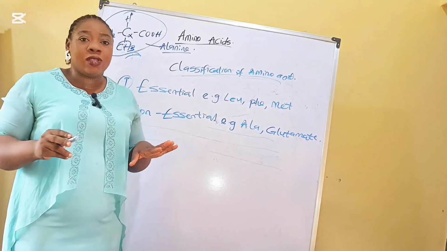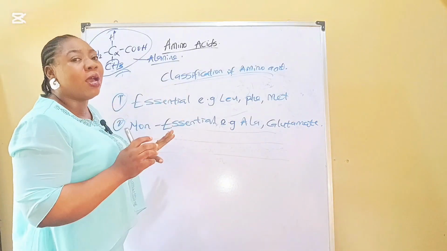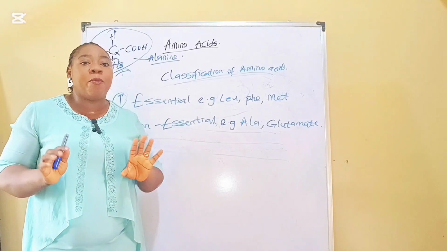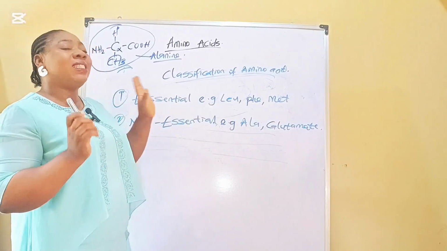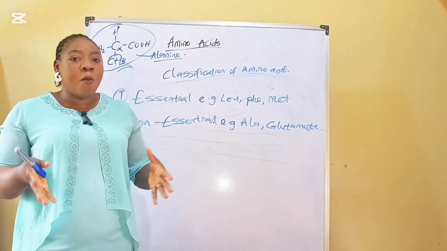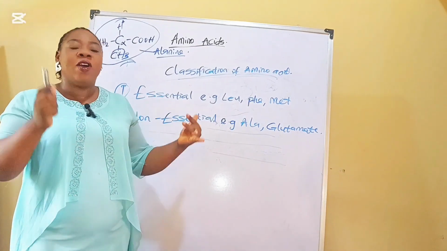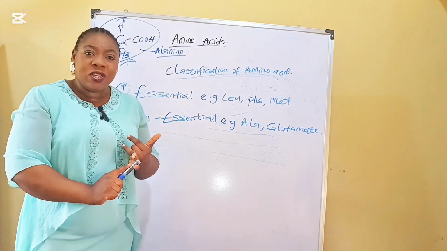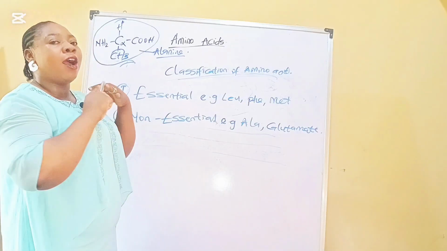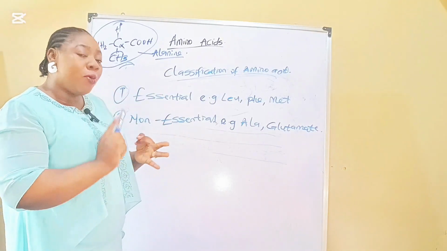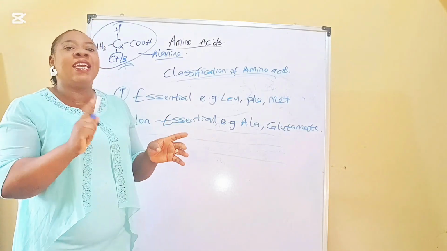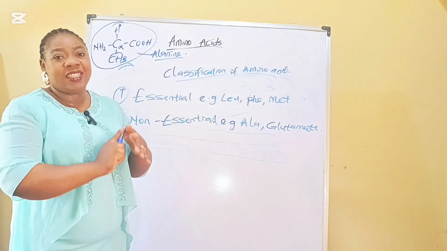The next one we want to consider is the classification of these amino acids based on their essentiality. Let me do a quick recap of where we started this class today. We started with amino acids, stating that amino acids are organic compounds that are made up of the alpha carbon, which is the central carbon, the amino group, which is the NH2, the carboxyl group, which is the COOH, the hydrogen atom, and the side chain, which is the R group.